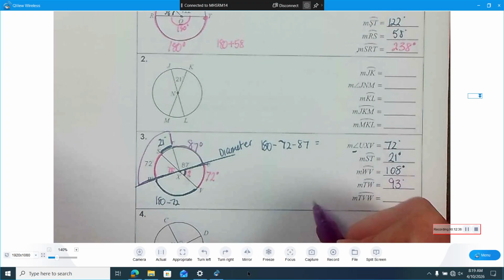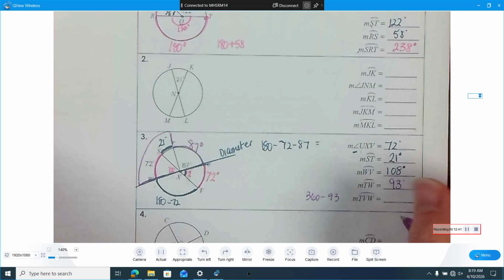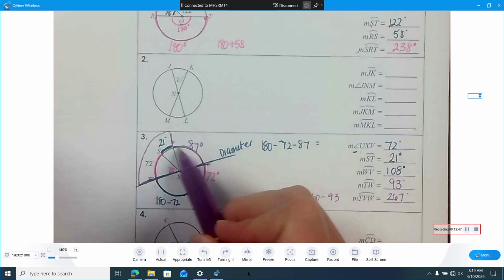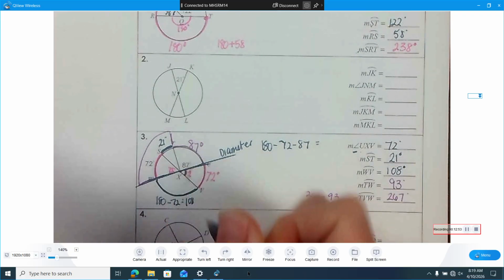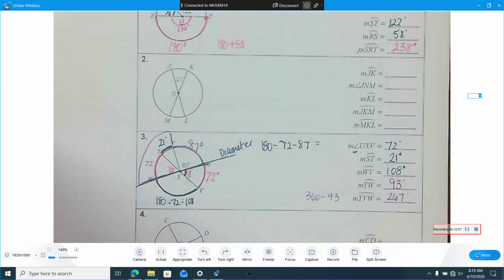Yeah. All right, so 360 minus that 93 we just found would also work, and we should get 267. But what you said, 180 plus 87, absolutely correct. We also knew that this was 108, so 108 plus 72 plus 87 would also work, okay? There are so many ways to figure out what we want to know.